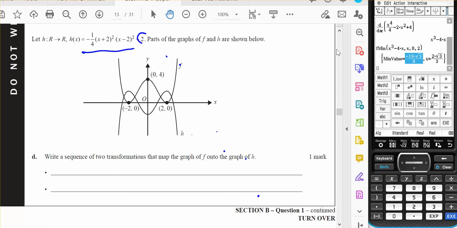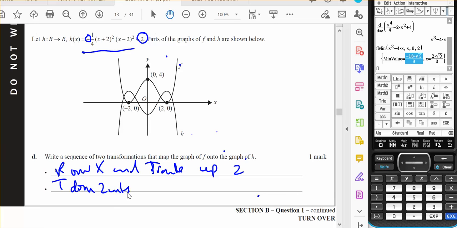It's been moved up, and there's a negative at the front. So I reflect over the x-axis and translate up 2 units. Or you could translate down 2 units and reflect over the x-axis, and that would also give it. You only need one of the answers though.